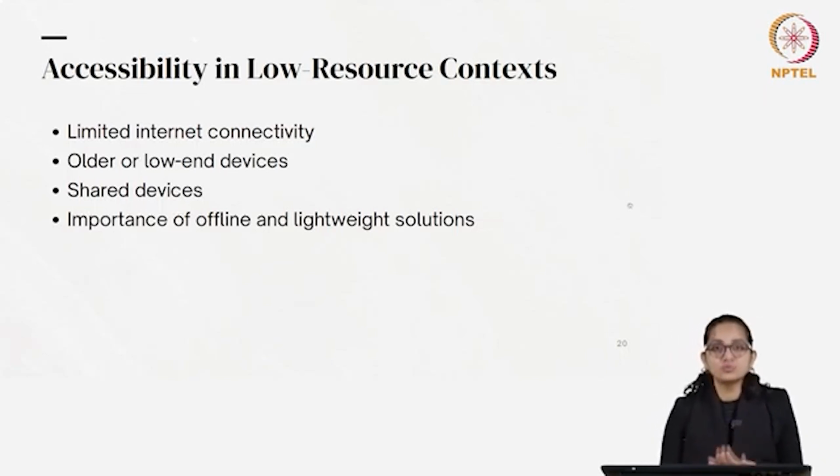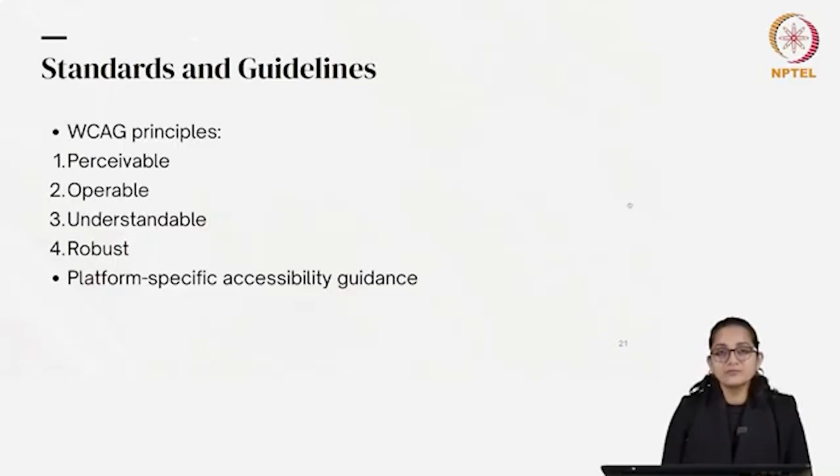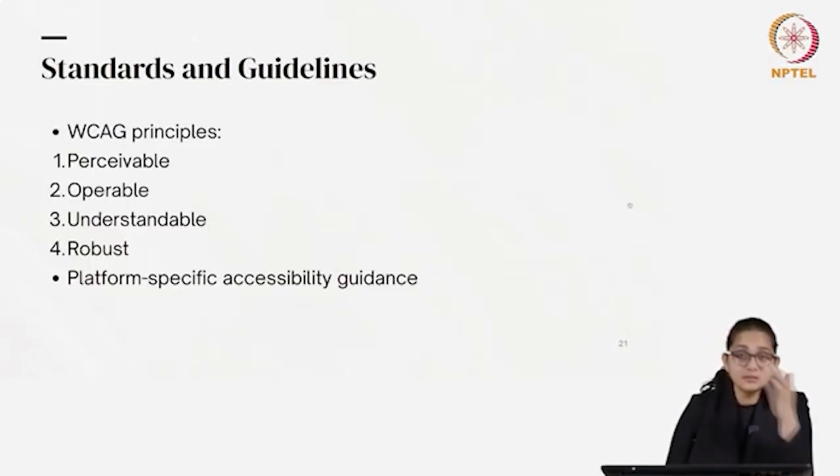Then, of course, we have spoken at length about WCAG principles and how they can be divided under POUR: perceivable, operable, understandable, and robust. Although these principles were initially built for web interfaces, they can definitely be extended, at least from a design principle perspective, to your mobile application design as well.